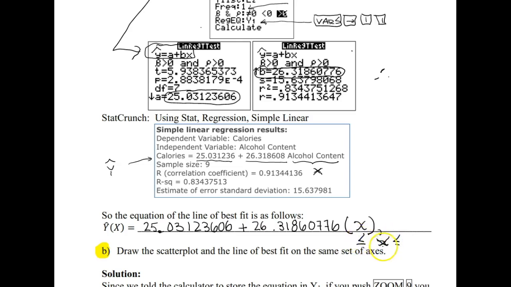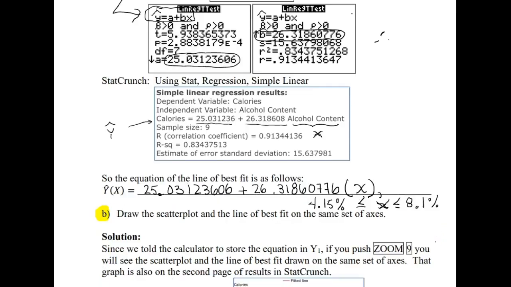We need X to be between X min and X max. If we go back to the list of data, we will see that the smallest alcohol content was 4.15% and the highest was 8.1.